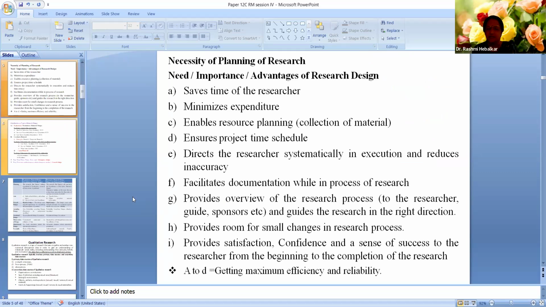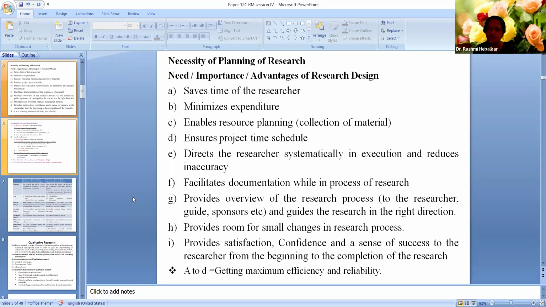Now, necessity or need or importance of research design. We have by this time talked much about it. It is time saving, it minimizes expenditure, and helps resource planning: how much material we are to collect, from where. We can do scheduling, and set the process step 1, step 2, step 3 systematically. In the first session, we talked about the research process. Then documentation of the process is possible.